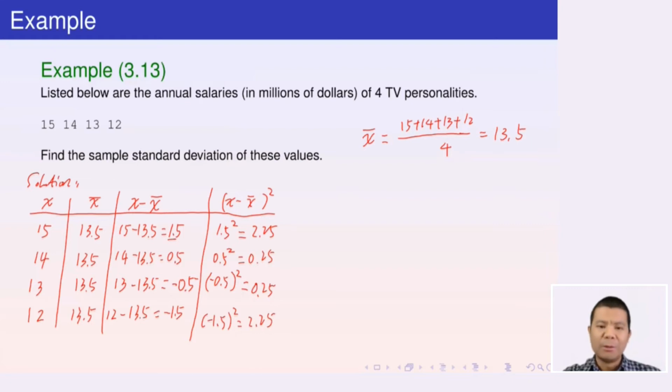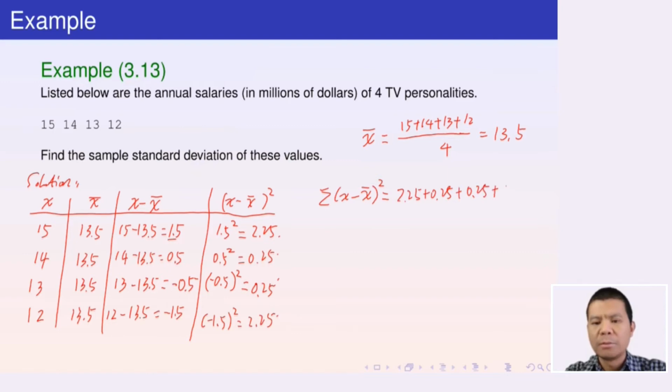Now, what shall we do next? Very good. Take the summation. We want to take the summation of all the squares. So the summation of (x minus x bar) squared is basically the summation of these 4 squares: 2.25 plus 0.25 plus 0.25 plus 2.25.